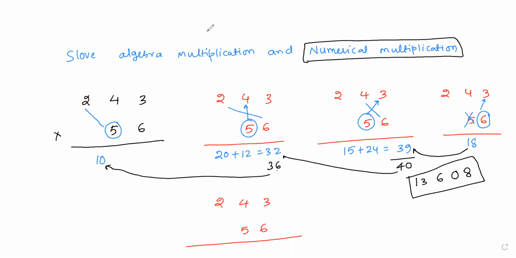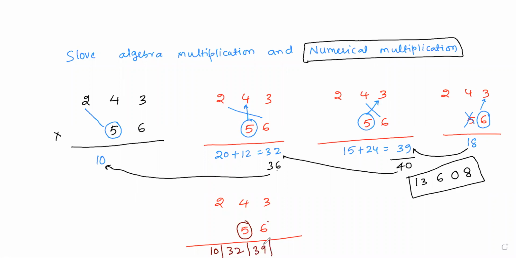On the right side and left side, you will do the same thing. Now see, this is what I selected. So 5 into 2, 10. See, 5 into 2, 10. Now my 5 is moving to 4. 20 plus 12, 32. Now my 5 is moving to 3. That is 15 plus 24, that is 39.